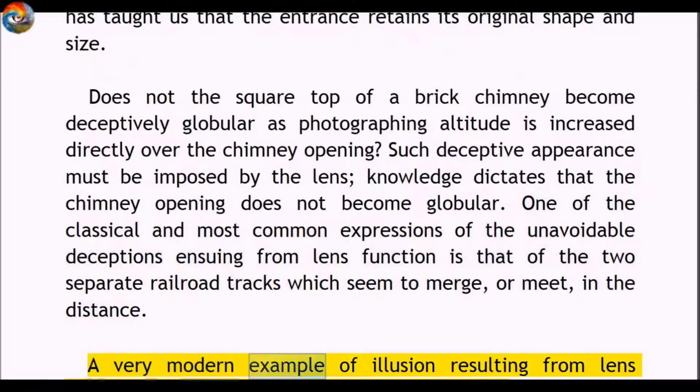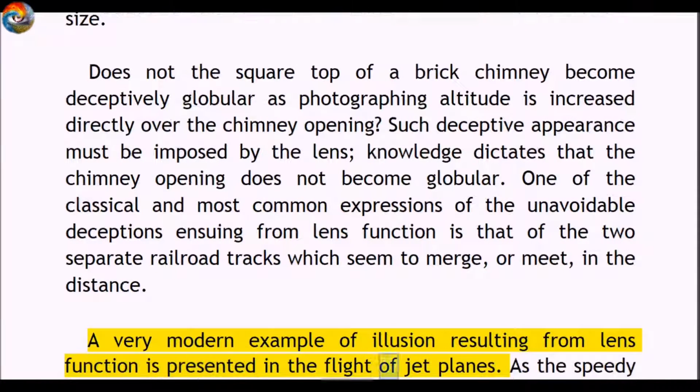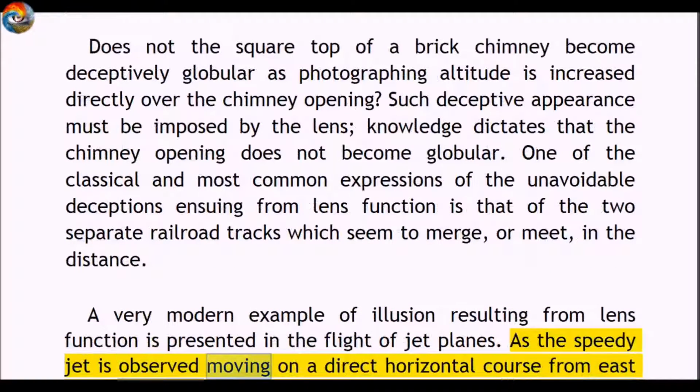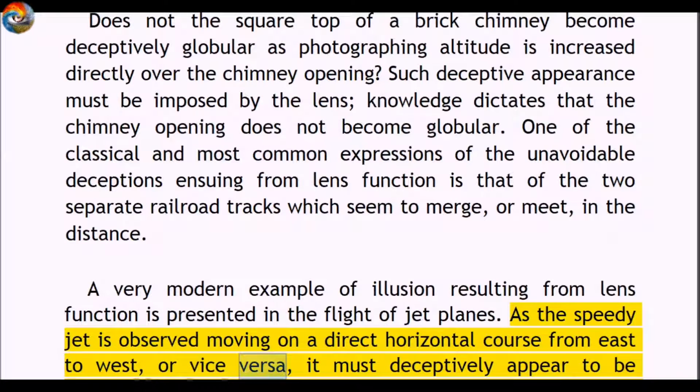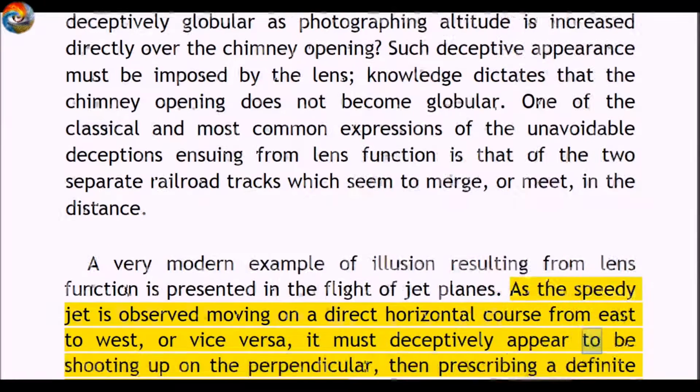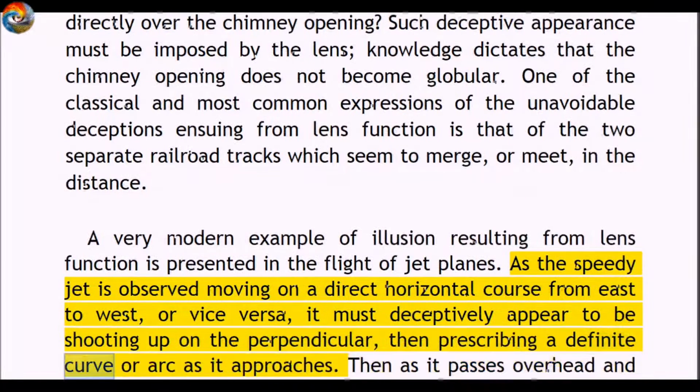A very modern example of illusion resulting from lens function is presented in the flight of jet planes. As the speedy jet is observed moving on a direct horizontal course from east to west, or vice versa, it must deceptively appear to be shooting up on the perpendicular, then prescribing a definite curve or arc as it approaches.